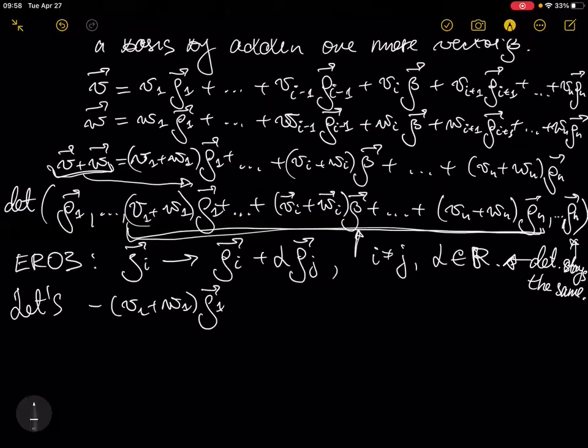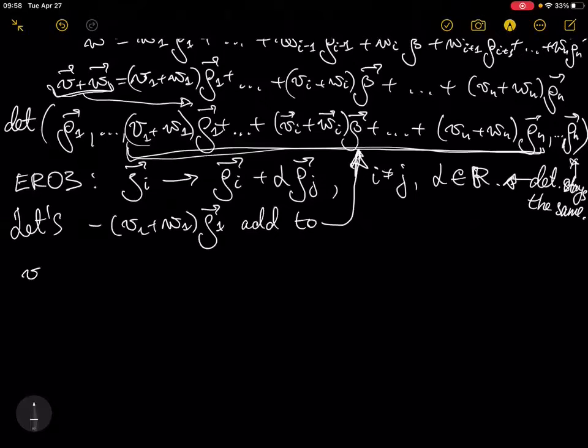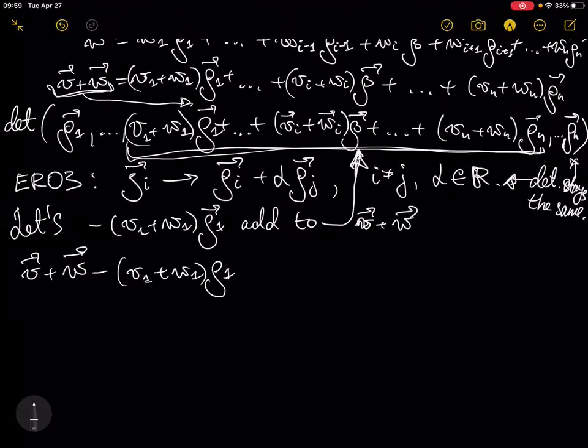Let us add it to here, because the determinant has to stay the same, right? So what we are getting is that V plus W, which is this, it's V plus W, right? Minus V1 plus W1 row 1. So essentially I subtracted this term.